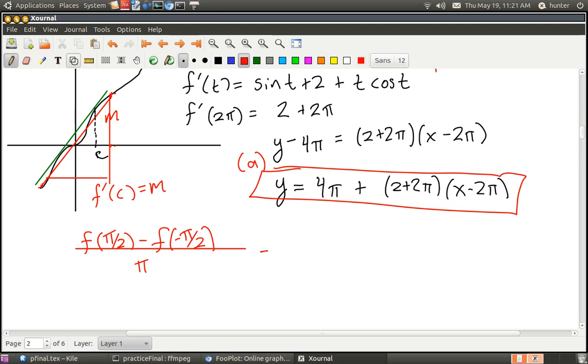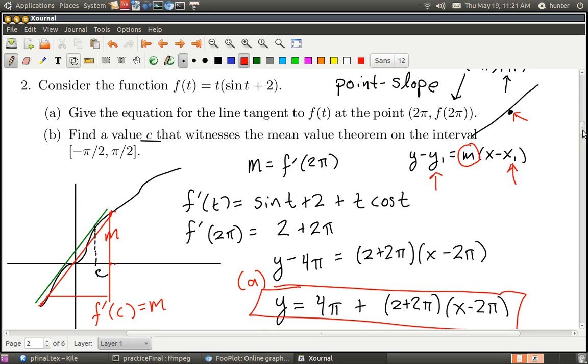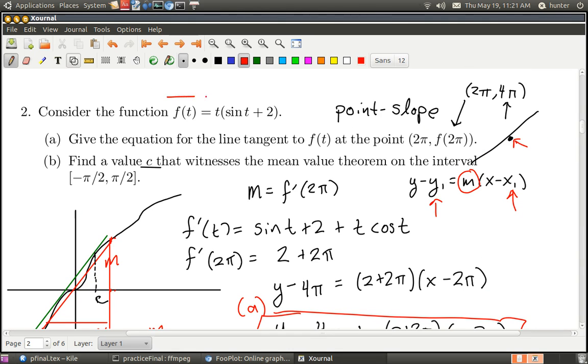So what comes out when we do this? We're plugging these things into the original function. And here it is, so shy, hiding up there. What happens when we plug in pi over 2? You get pi over 2, and sine of pi over 2 is 1, so it's going to be equal to 3 pi over 2.